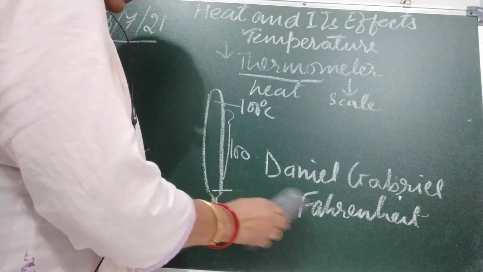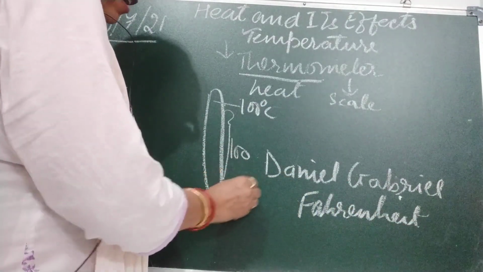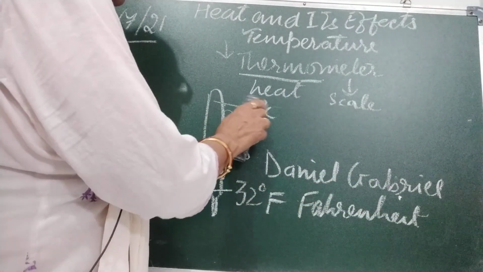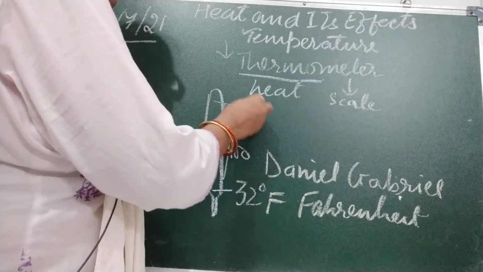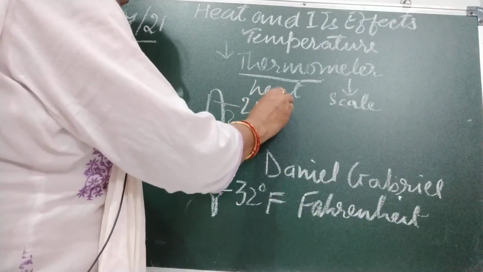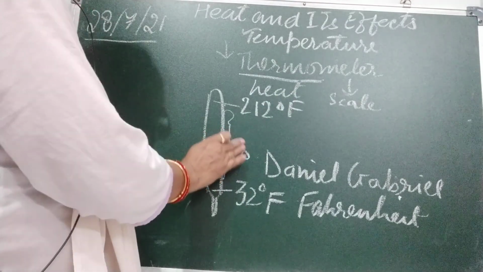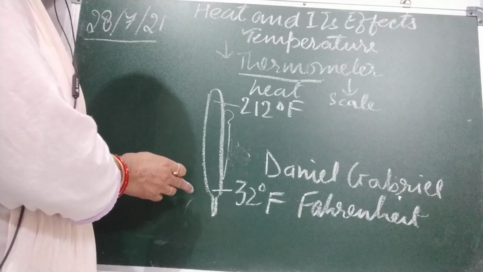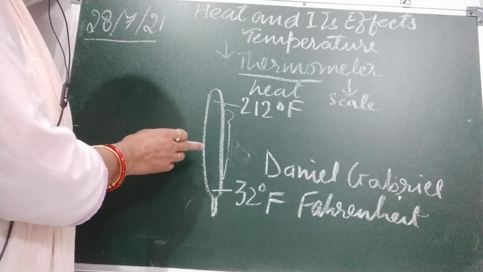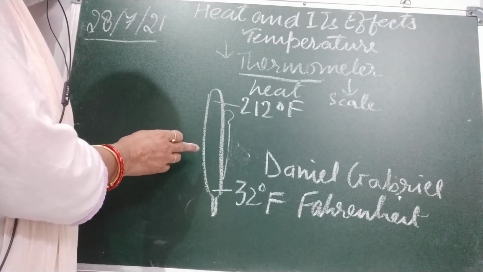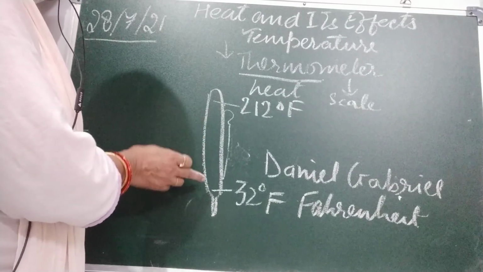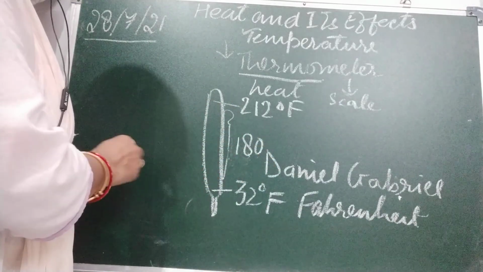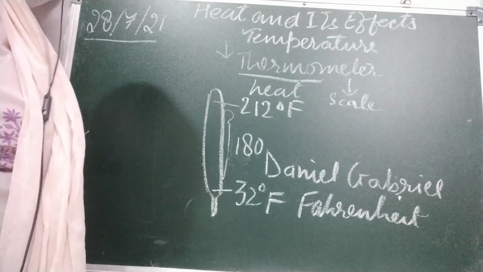It's 32 degree Fahrenheit, and the upper fixed point is 212 degree Fahrenheit. The interval between 32 and 212 degrees, these two fixed points, is divided into 180 divisions. So I hope the two scales are clear.